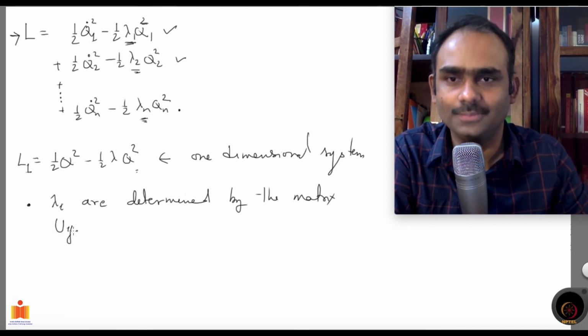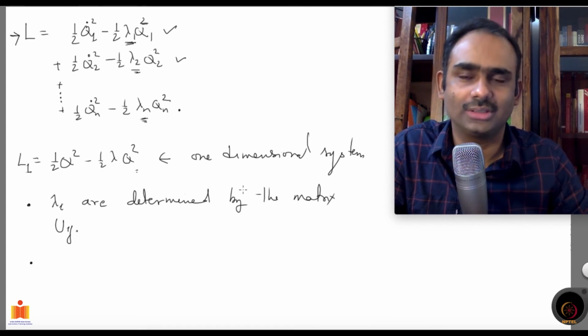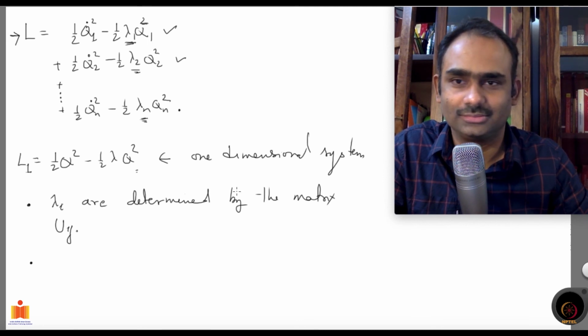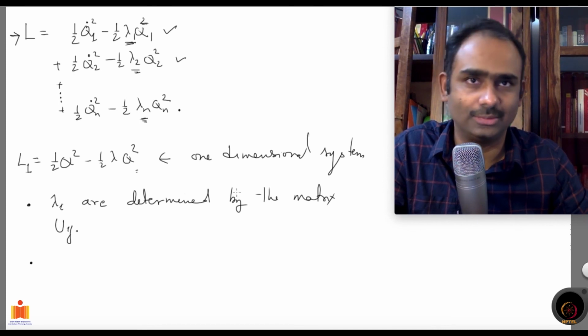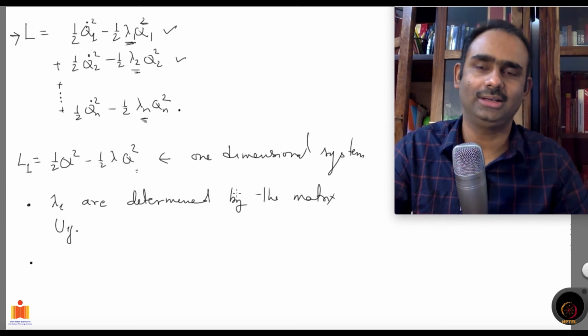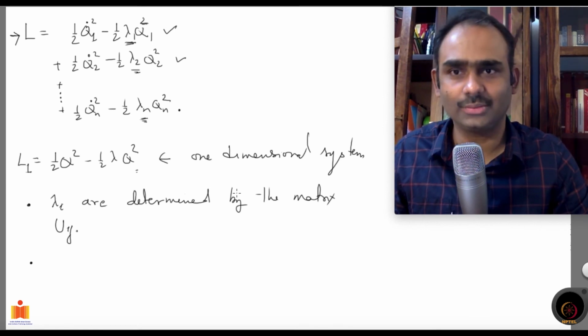That's one thing. So we need to figure out what are the possible lambda i's. And of course this will depend on properties of Uij, which is also tied to whether the equilibrium is stable or unstable, right? So that is one thing we want to see in the next video.